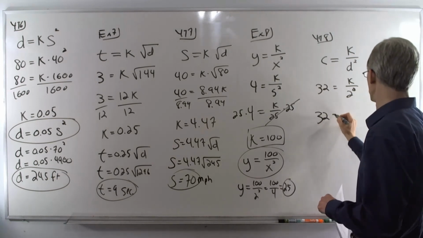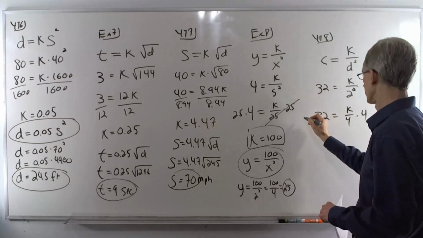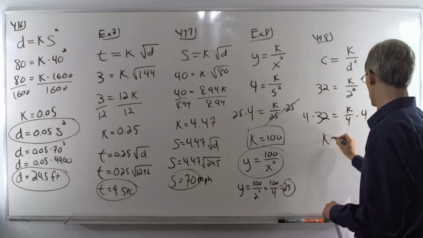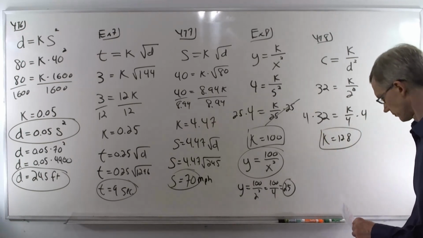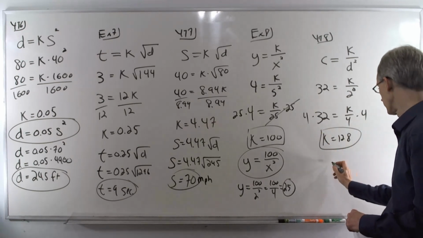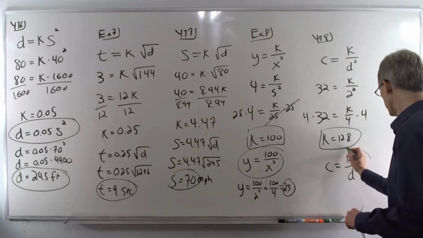That makes 32 equals k over 4. Multiply both sides by 4. So we get 128 for k. And that makes our equation c equals 128 over d squared.